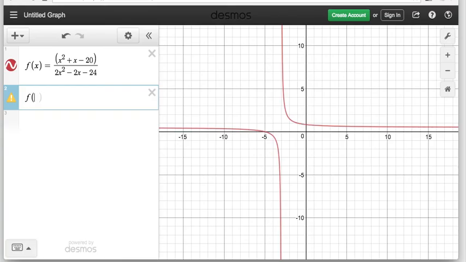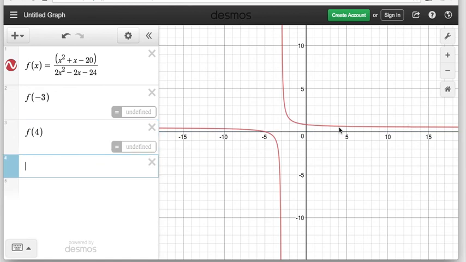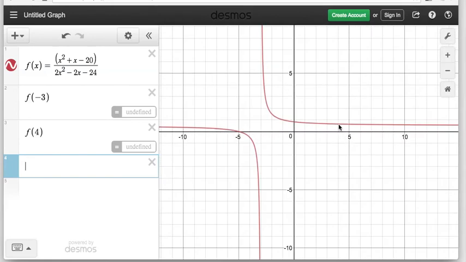So if I were to put in f of -3, it would be undefined, because that's where this vertical asymptote is occurring here. And if I were to put in f of 4, it would also be undefined. So that's pretty interesting, because if you look at this graph here, it looks like this is perfectly filled in, but actually at x equals 4, it's totally undefined.